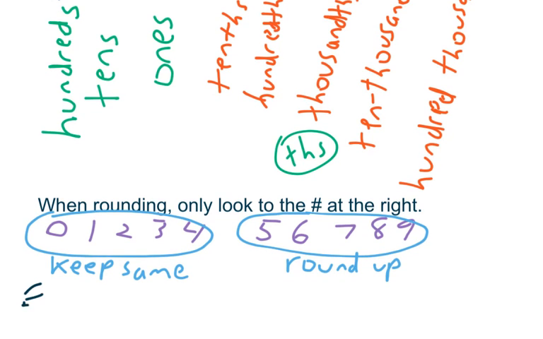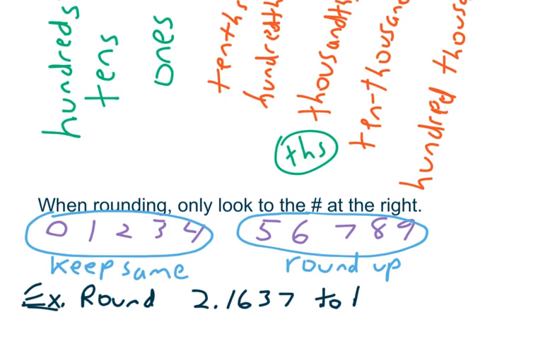So for example, if we wanted to round, let's say 2.1637 to the, let's say, hundredths, we would underline the hundredths place and then look to the number to the right of it.